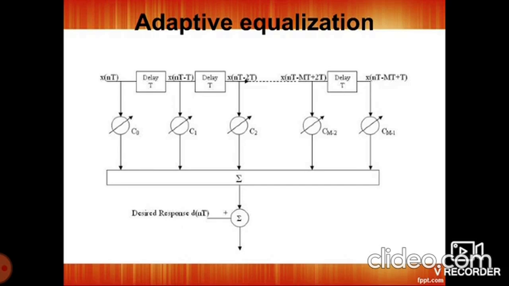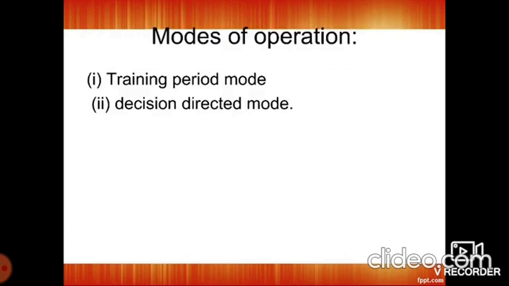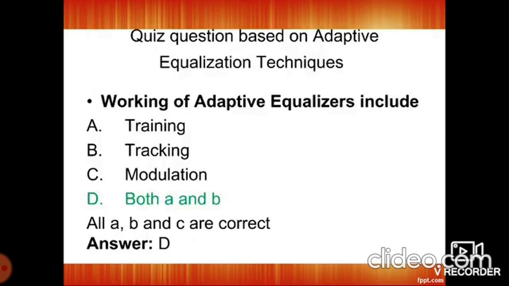The first one is delay T, so the delayed signal is x n of t minus T, then another delay T gives x n of t minus 2T, and so on. Like this the delay continues. The desired response is compared, and finally we get the output. The modes of operation are training period mode and decision directed mode.